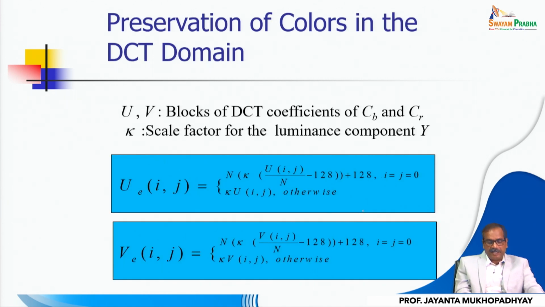Now, when we are applying it to the chroma part, there also we apply a similar kind of scaling, because as you know, the color vector, if you have RGB, now if I multiply with K, they still remain the same. Your luminance will be changing, but still they remain the same color vector.